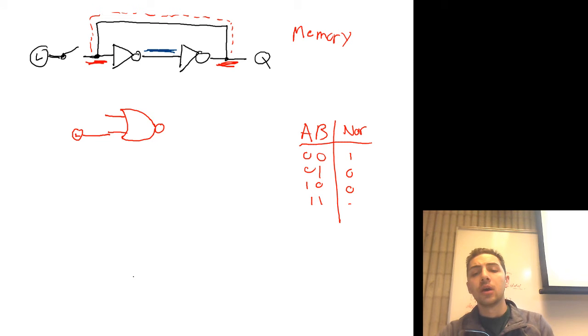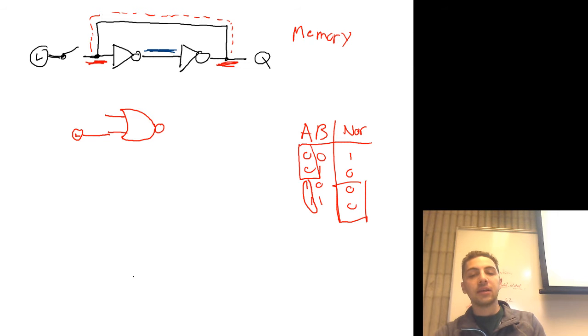There we go. 1, 0, 0, 1. Effectively, if you put a 1 in, it sets everything to 0. If you put a 0 in, it's an inverter. 0 becomes 1, 1 becomes 0. So if I were to do this, that is equivalent to an inverter.